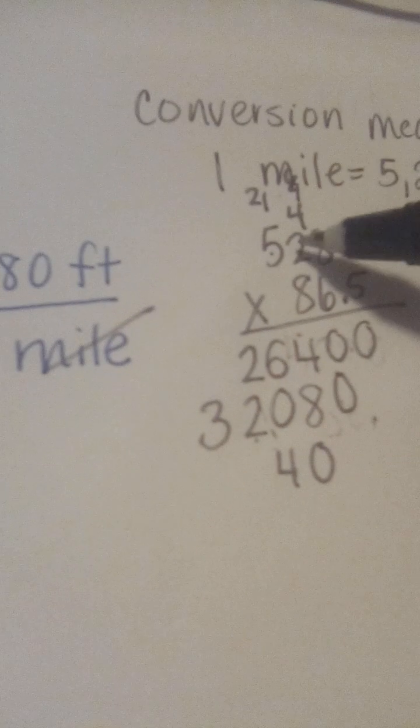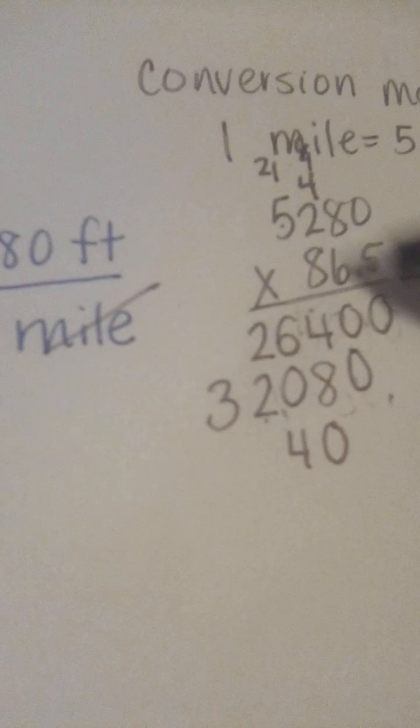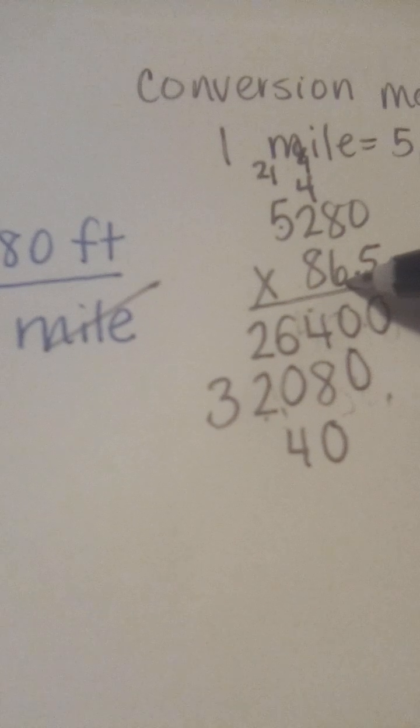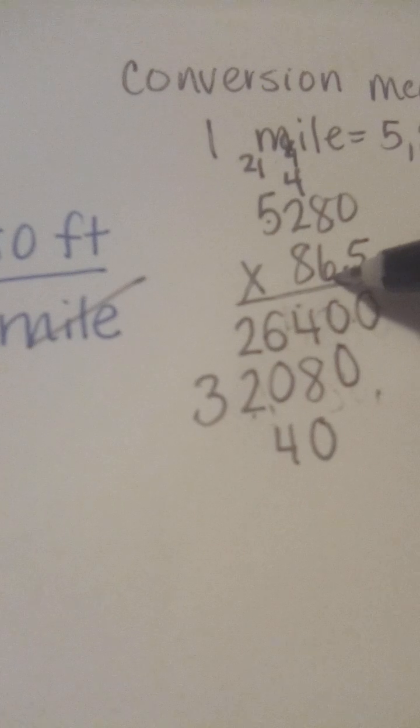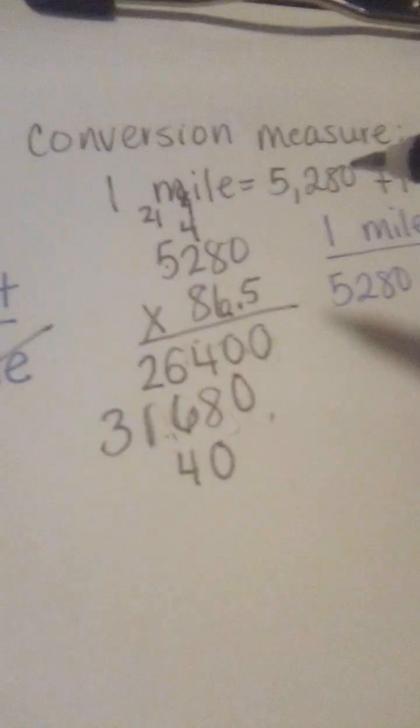Okay, 2 times 4 is... Okay, 2 times 6 is 12. Add... Oh, 16. It's 16. Now that looks better. My mistake. Okay.